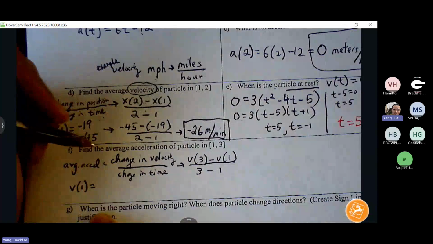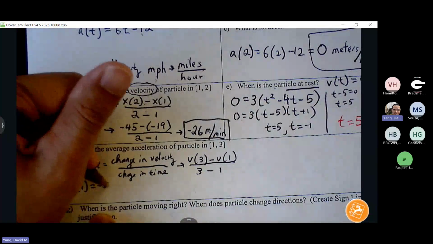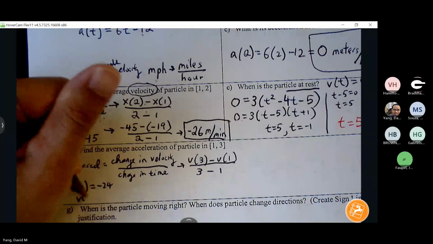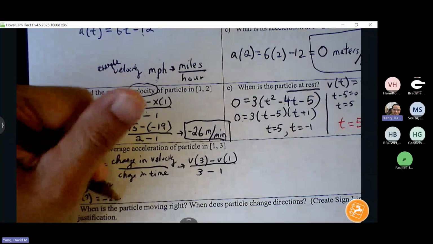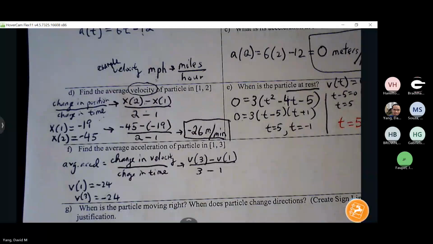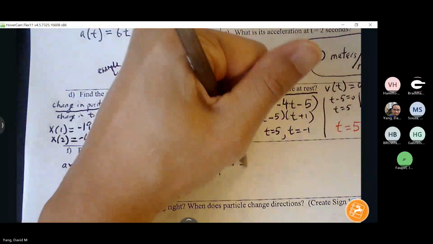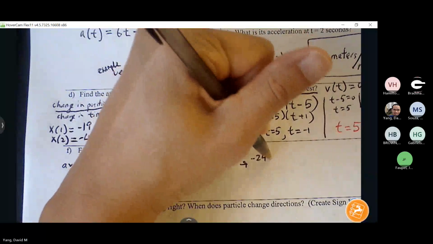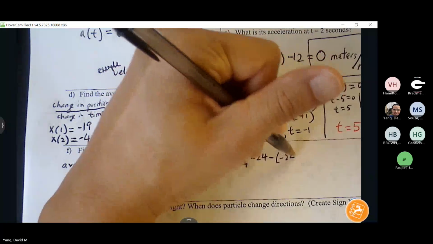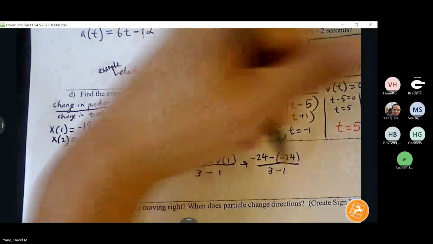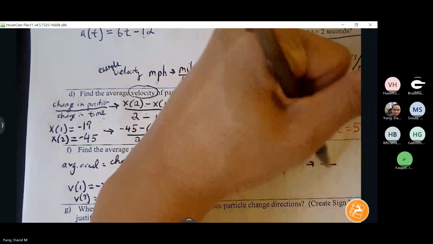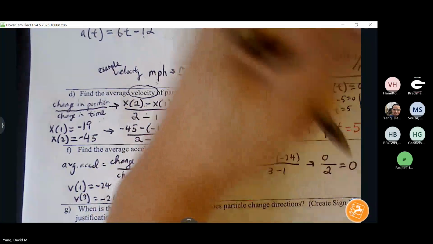We found that from part B already, negative 24. V of 3 also ends up being negative 24. So average acceleration ends up being 0.